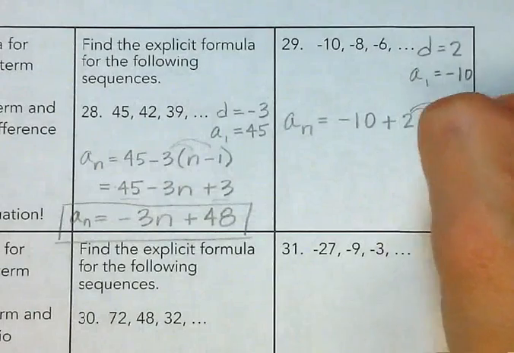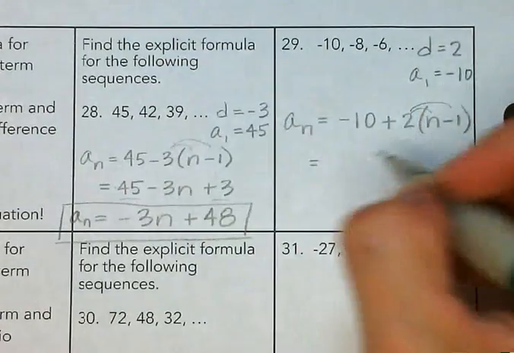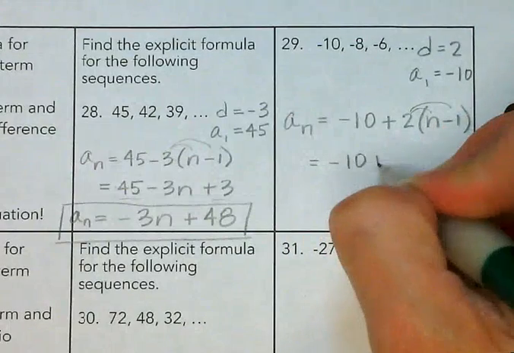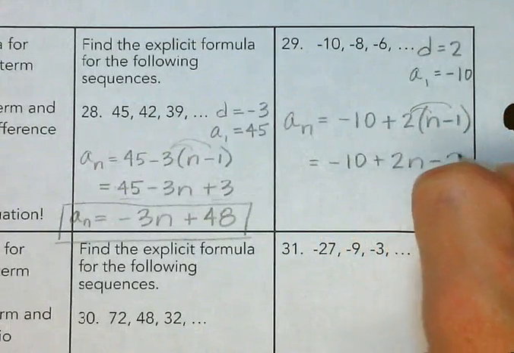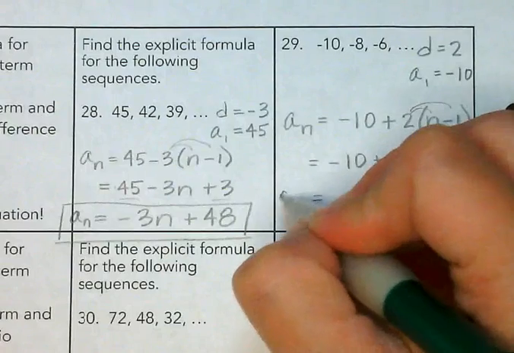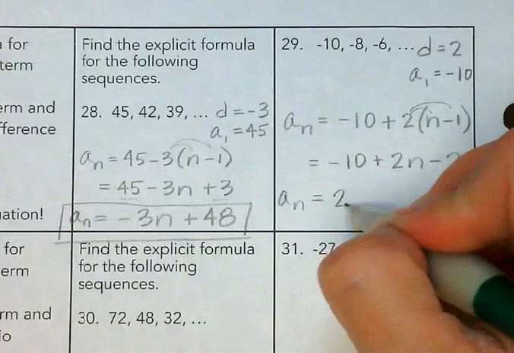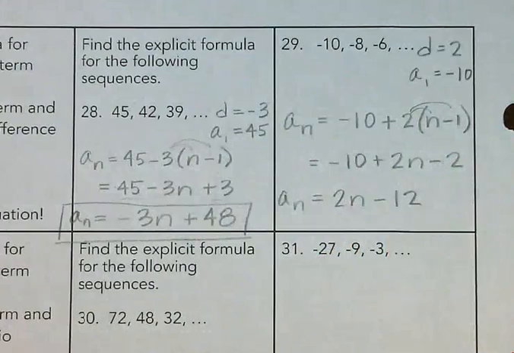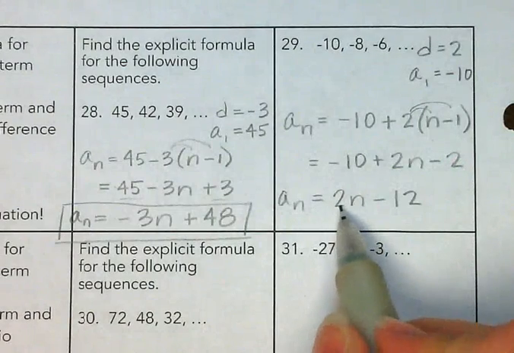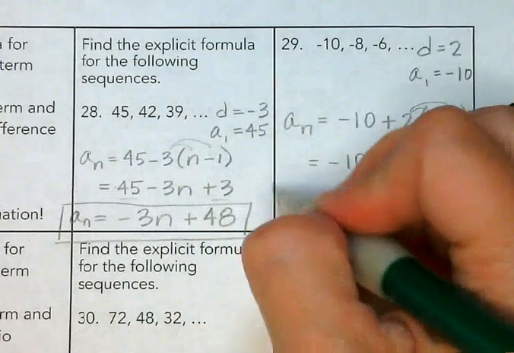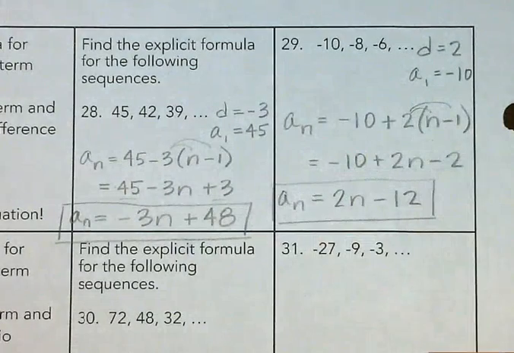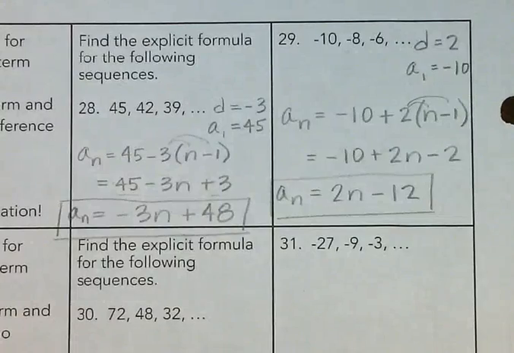So I'm going to distribute right here to simplify. So negative 10 plus 2n minus 2. So in the end, the explicit formula is 2n minus 12. And that looks like y equals mx plus b. So that is the explicit form for arithmetic.